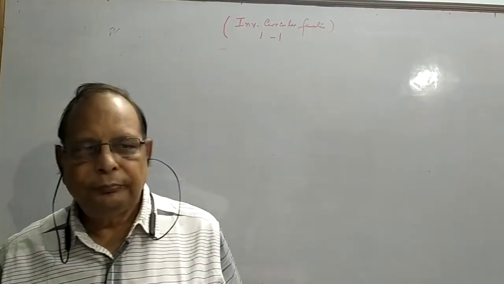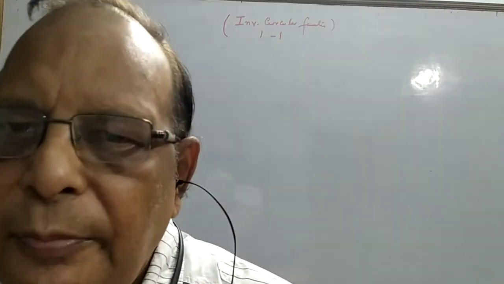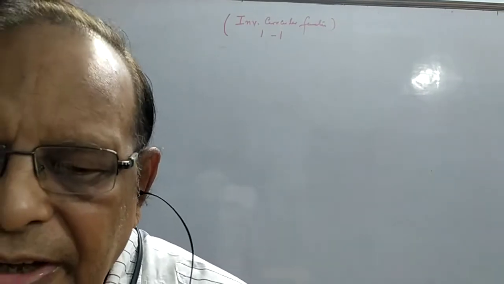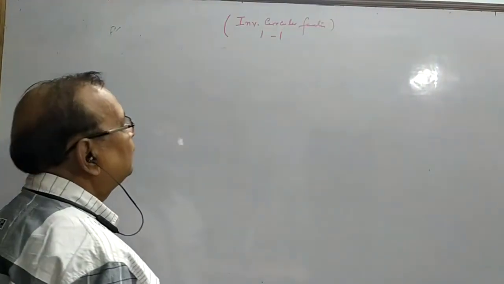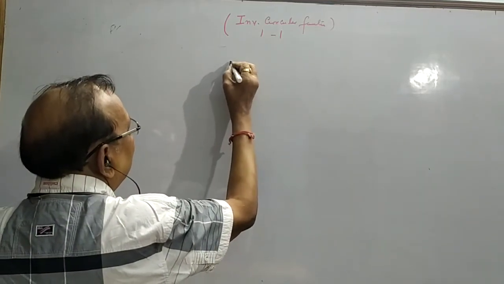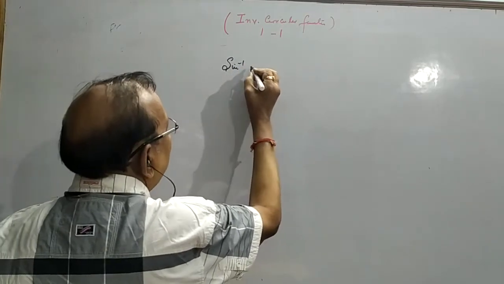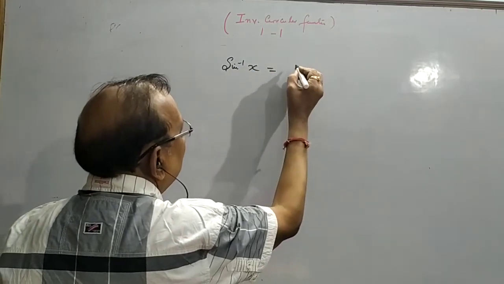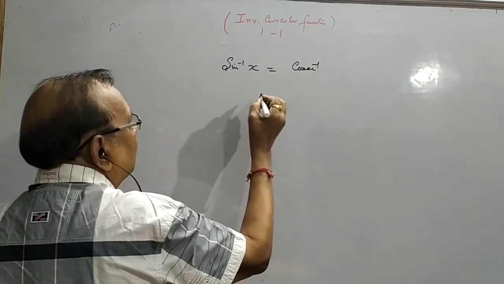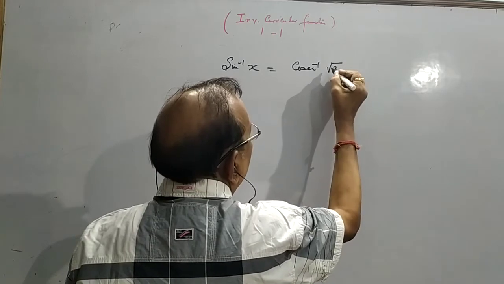First of all, I shall take the example given in the earlier stage, up to 4 results given as different sets. Let us consider sin inverse x is equal to cosec inverse root 2.